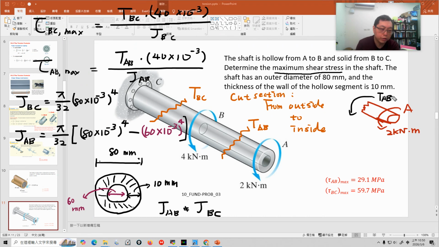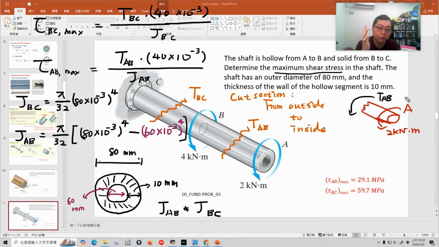And what rotation direction should we assume for TAB? Here we use the sign convention. As the previous slide shows, the sign convention in torsion is to use the right hand rule.